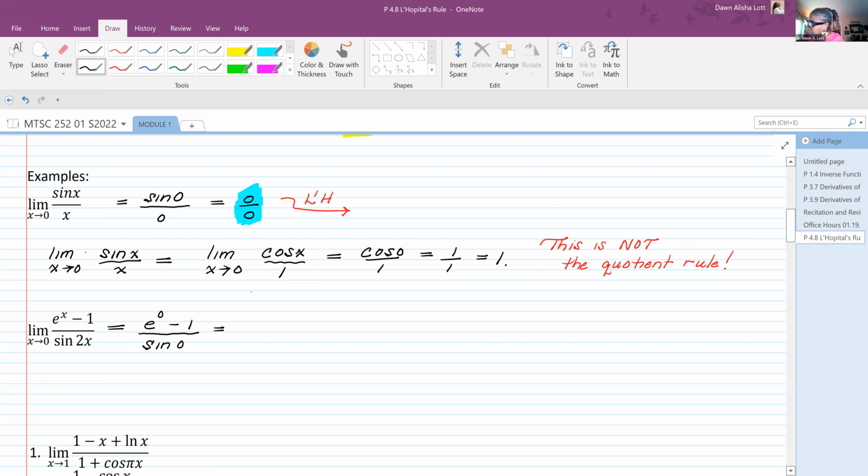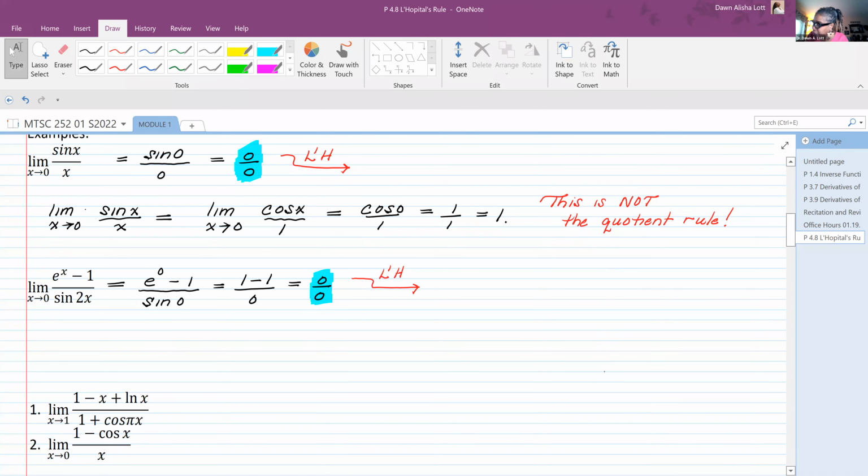So e to the 0 minus 1 is 1 minus 1, and the sine of 0 is 0. So I get 0 divided by 0. Once again, I have that indeterminate form. Now that I have that indeterminate form, I know that I can use L'Hopital's rule.